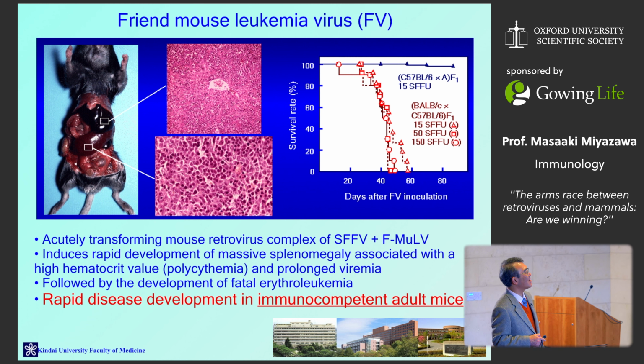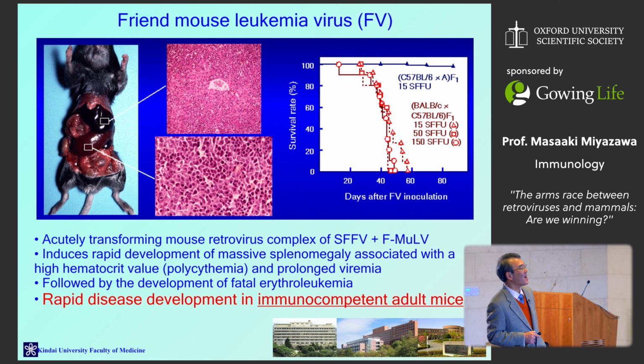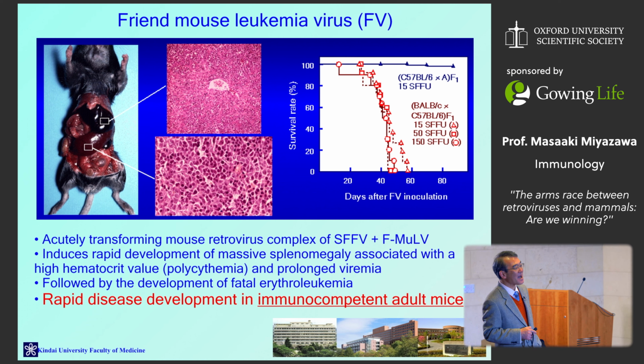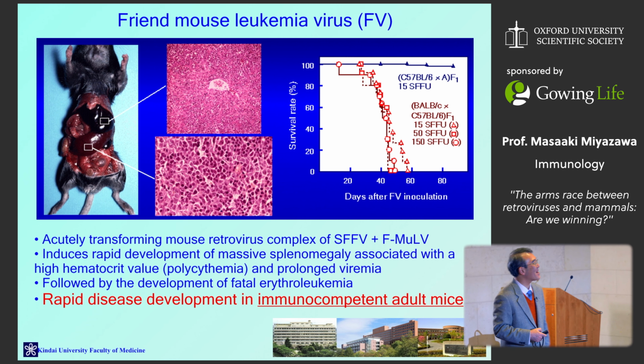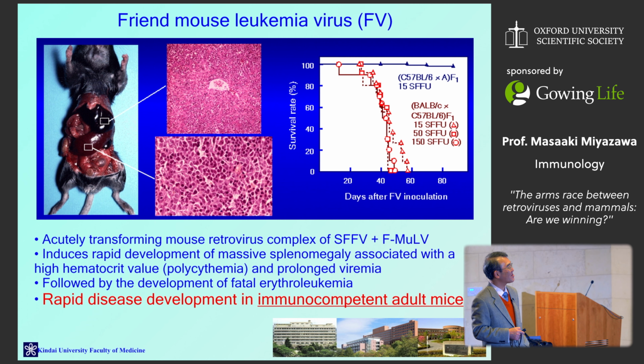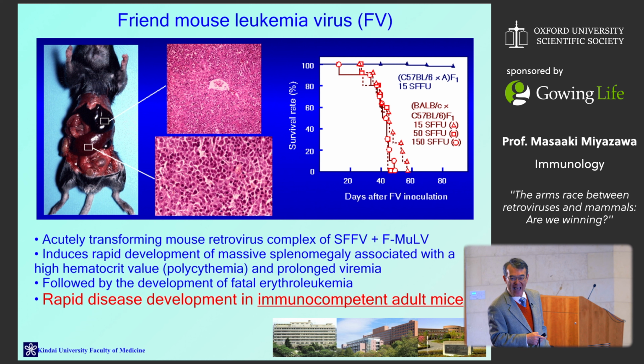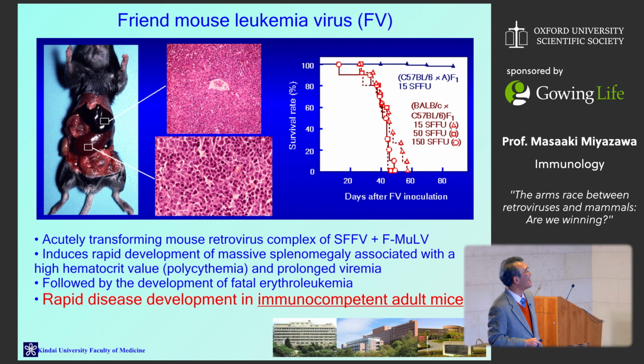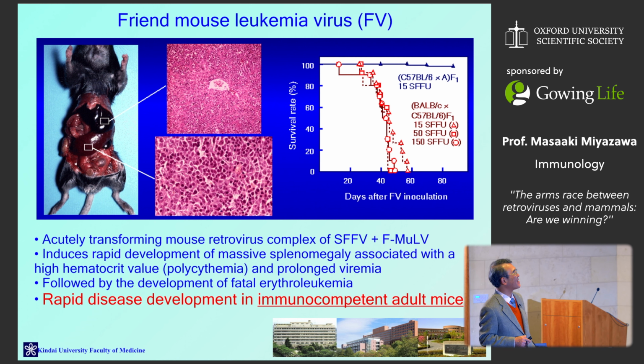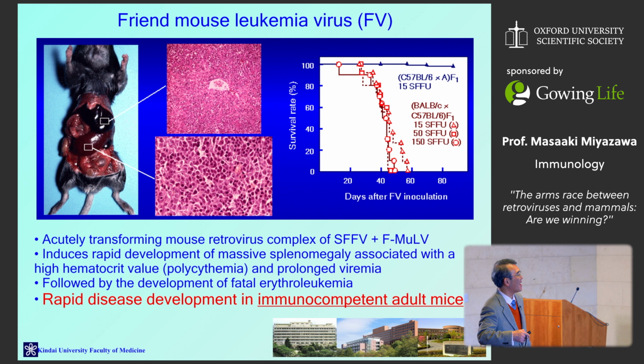So what is Friend retrovirus? It sounds like a very friendly virus, but it was found by an American researcher named Charlotte Friend, and it is actually a very, very nasty virus. When infected with this Friend virus, it causes an enormous expansion of the spleen cells.